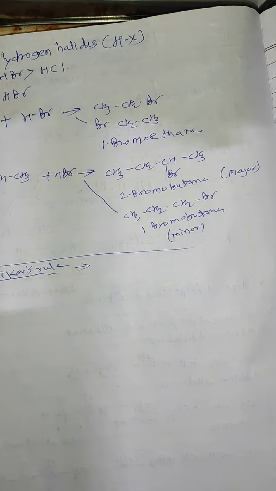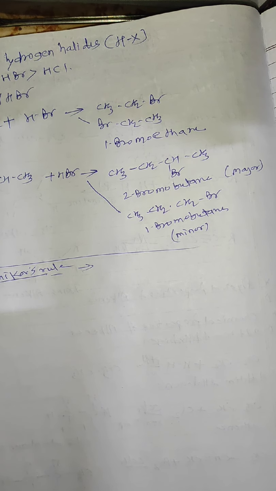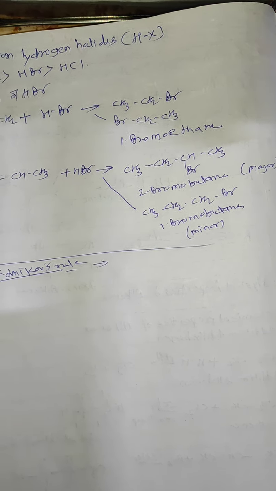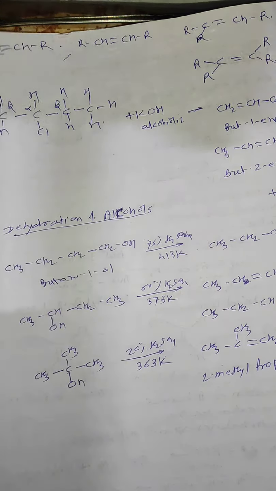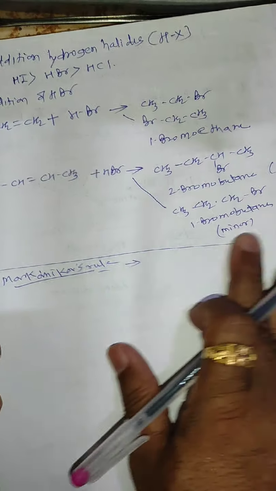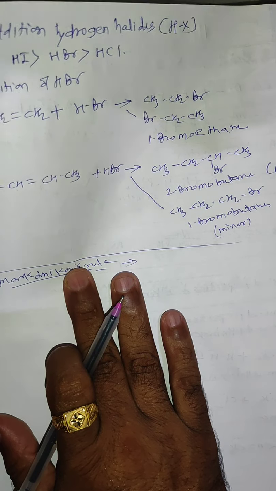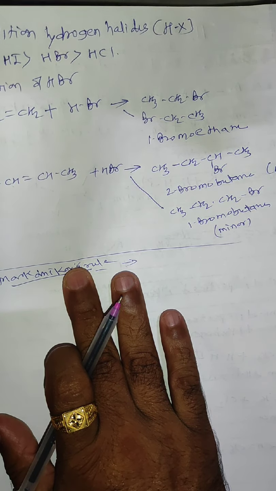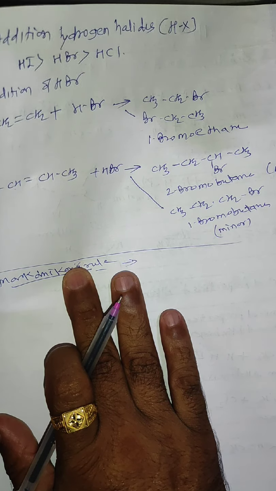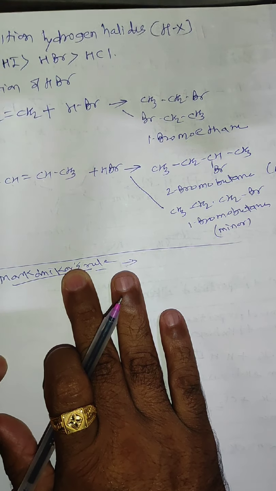Markovnikov's rule states that when an unsymmetrical reagent is added to an unsymmetrical alkene, then the negative part of that reagent is added to that carbon of the carbon-carbon double bond which has the lesser number of hydrogen atoms. That is Markovnikov's rule. Listen again, the statement of Markovnikov's rule: when an unsymmetrical reagent is added to an unsymmetrical alkene, then the negative part of that reagent adds to that carbon of the carbon-carbon double bond which carries the lesser number of hydrogen atoms. That is Markovnikov's rule.